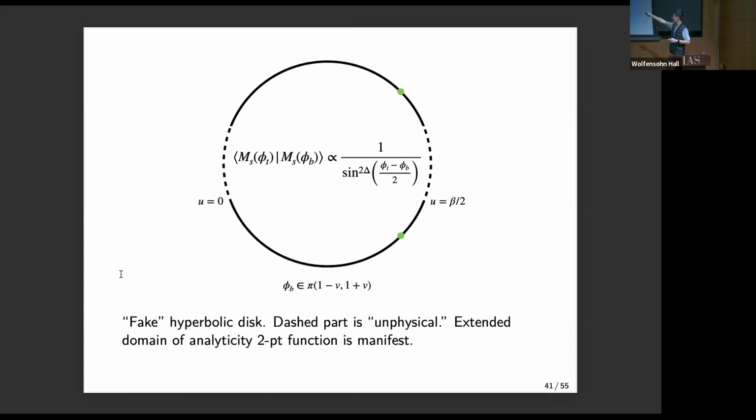And this hyperbolic disk is designed such that you rescale the time in the appropriate way to reproduce the 2-point function. So in particular, u equals 0 is here, and beta over 2 is over here. So the total circumference of the disk is not beta, but it's something else which has been engineered to get the 2-point function. So the fake part is in some sense unphysical.